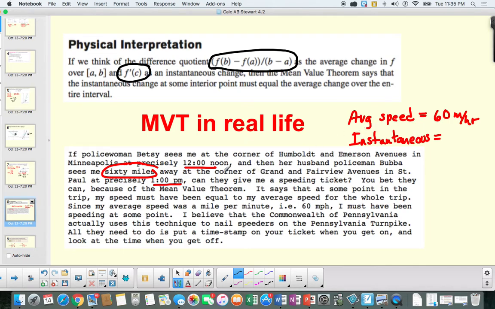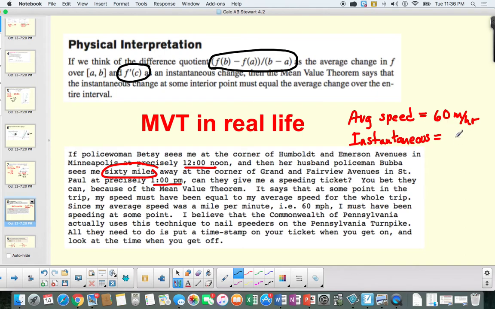So we know that we've traveled 60 miles in 1 hour, so the average speed is 60 miles per hour. And because of the way we drive, we know that we're going to have a continuous function. Time is not going to stop, and physically we can't jump around and change from one distance to the other. We have to work up through the different distances.